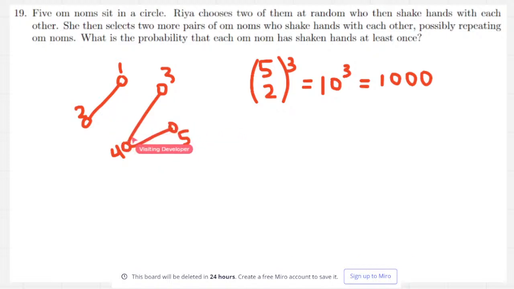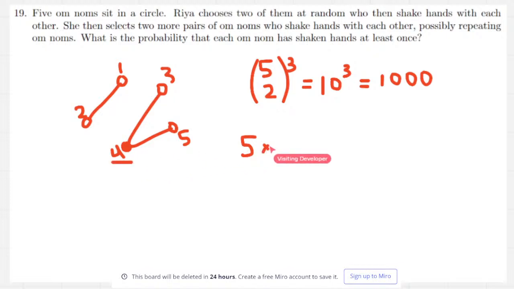Okay, so now we can find the number of ways for the omnums to all have shaken hands at least once. We can start by considering the omnum which shakes hands with 2 different omnums. In this case, that would be omnum number 4. So there are 5 different ways to choose this omnum. Then we're left with 4 other omnums, and from these we first choose which 2 omnums this omnum is connected to.